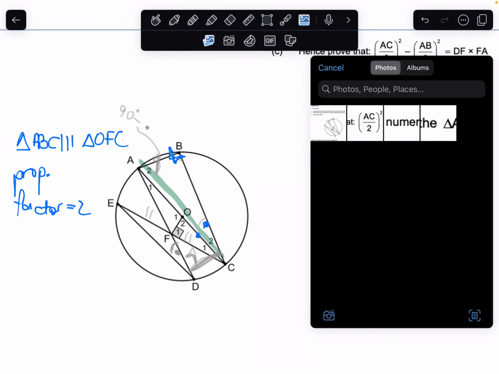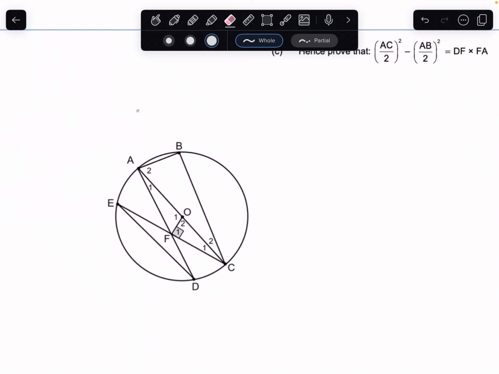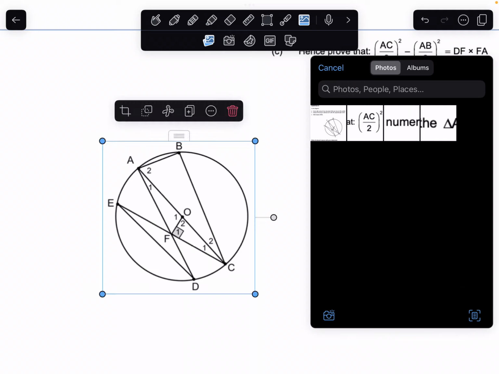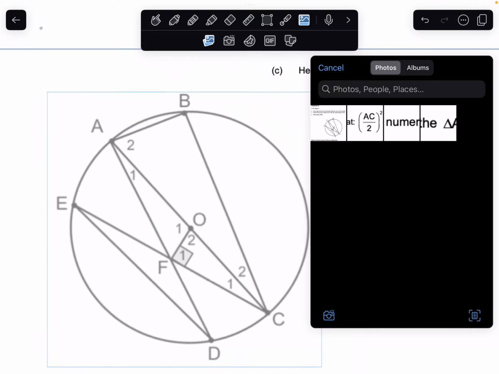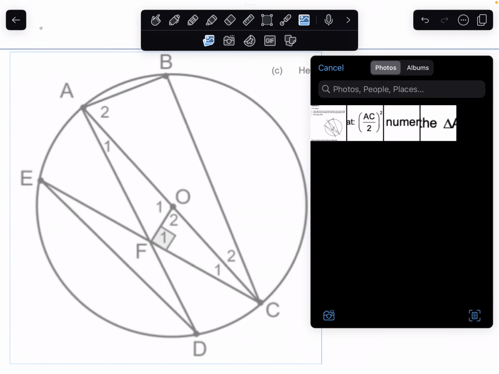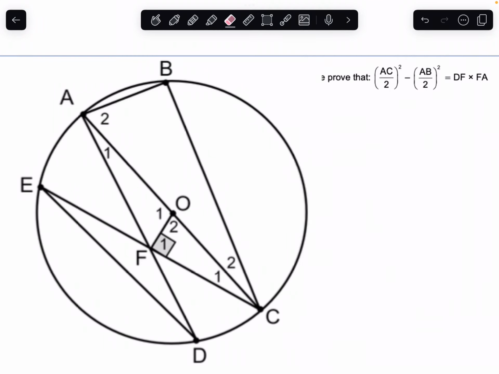I'm going to rub some of this out. Okay, I'll write this out somewhere else. Okay, just going to make this large and large. Okay, then I'm going to fill this stuff in again.